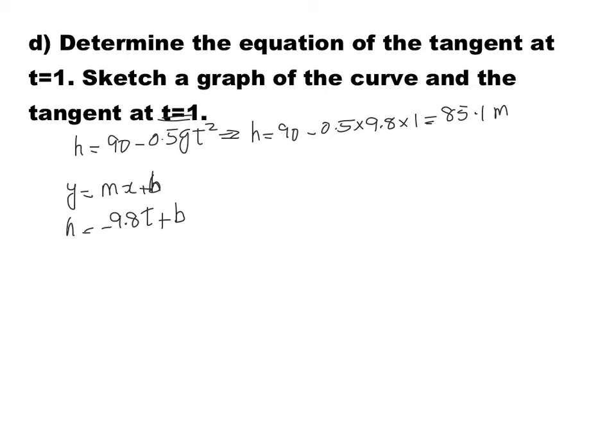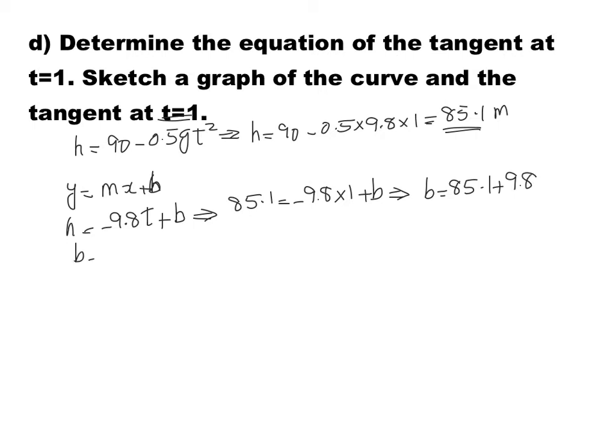To find b, we know that at t equal to 1, the height is 85.1. So I'm going to substitute 85.1 equals negative 9.8 times 1 plus b. From here, I get b is 85.1 plus 9.8.